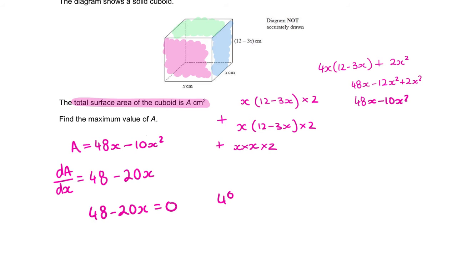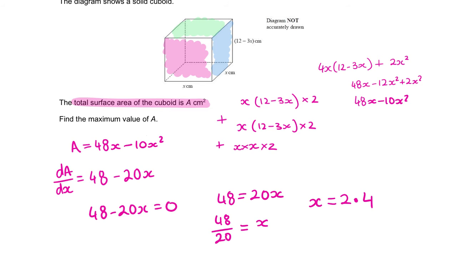That is when 48 equals 20x. So 48 divided by 20 equals x. So this is when x equals 2.4. Okay, that's a nice, easy 5-mark question.